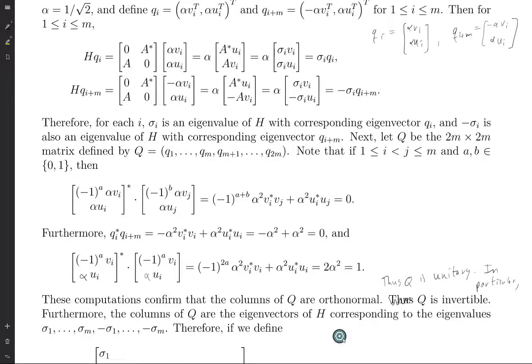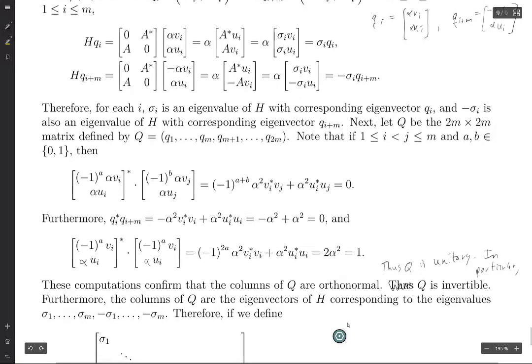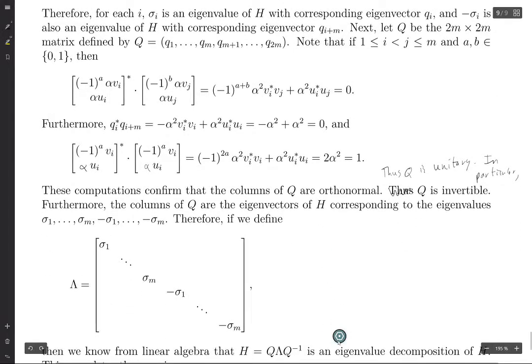Okay, so the important thing here about Q, beyond it being invertible, is the fact that its columns are the eigenvectors of H corresponding to the eigenvalues sigma 1 through sigma m, then negative sigma 1 through negative sigma m, respectively, in that order. So we define capital lambda to be a diagonal matrix consisting of these values.